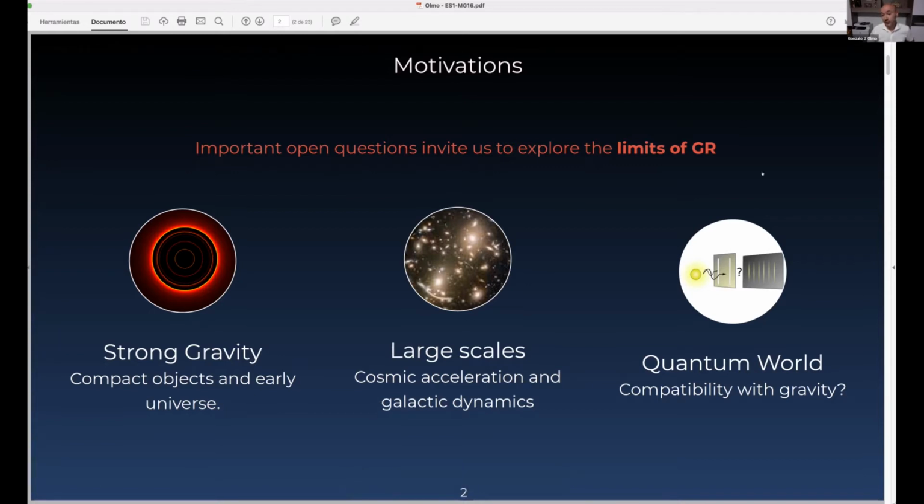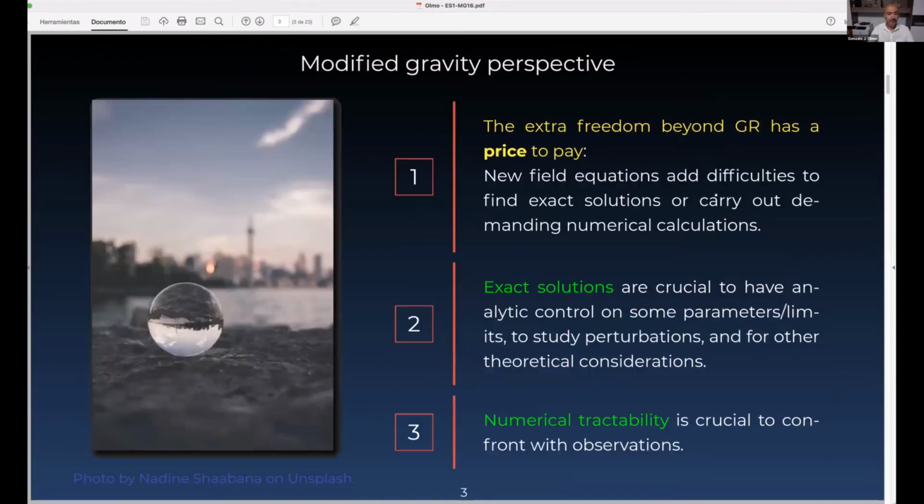Also, the compatibility between gravity and quantum theory is not clear from the perspective of general relativity. Some aspects like singularities, or simply the compatibility with quantum phenomena of particle creation, are interesting to explore from other perspectives, and modified gravity offers a possibility.